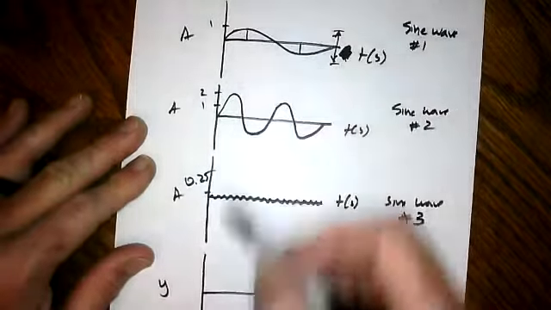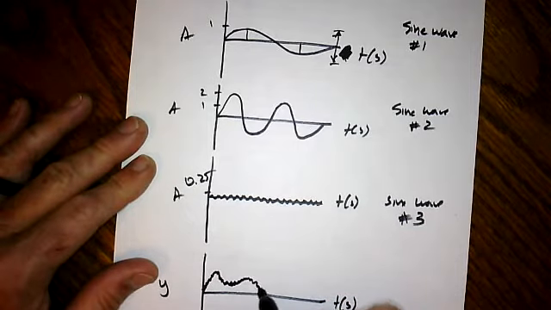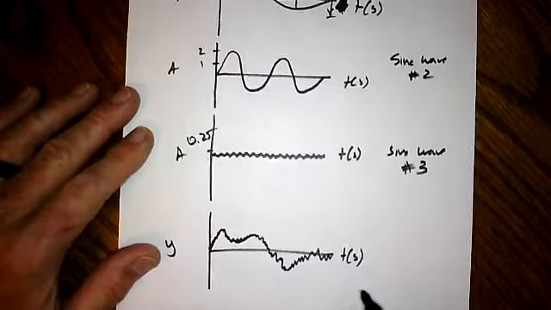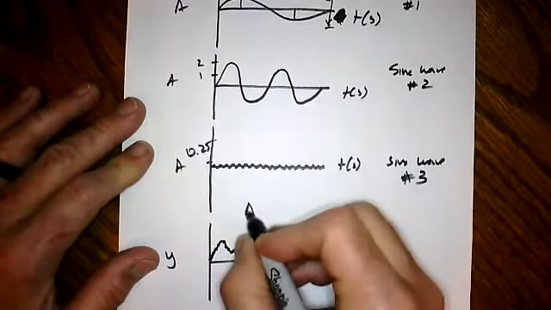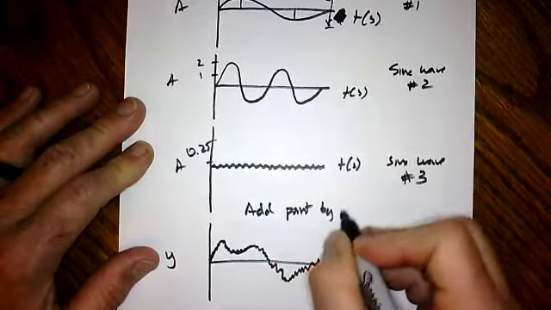All right, I add them all up, and maybe I get something that looks like, I'm not going to do a very good job here. Yeah, okay. You get the idea. This should be a little bit more regular than that, but add point by point.